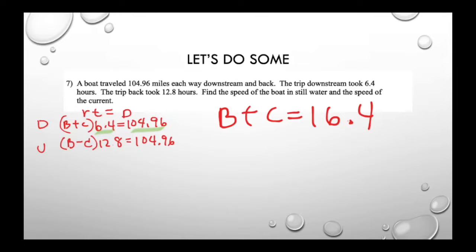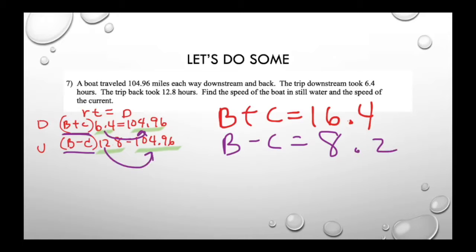And the next one, when you divide the 104.96 by 12.8, what does it become? 8.2. So we have B minus C equals 8.2. And then your matrix is pretty little. What is the matrix for this? 1, 1, 1, and negative 1.